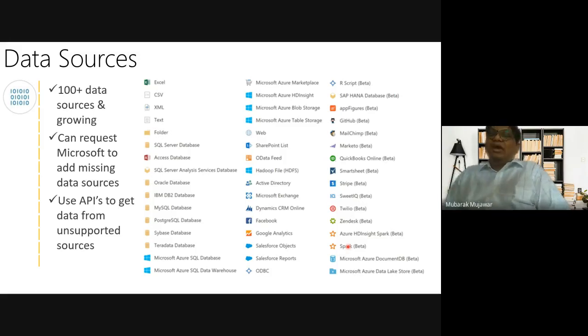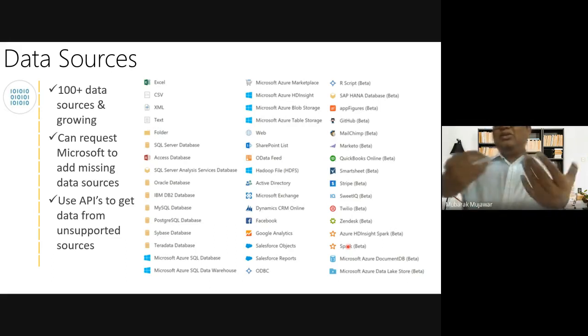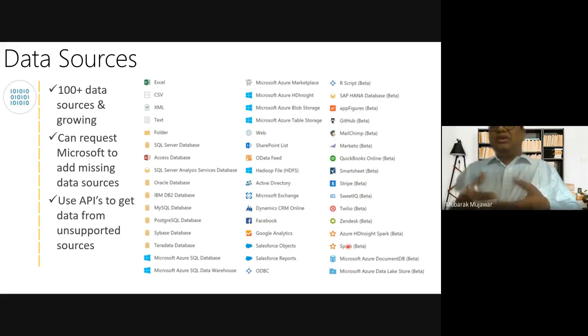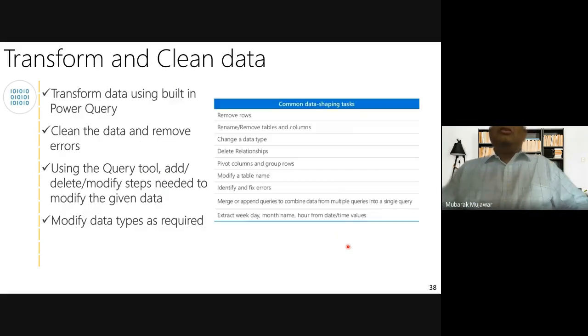But if you don't have any database which you can work with, you can request Microsoft to add missing data sources. You can also use their APIs to get data from unsupported sources. Once you connect to your database and get your data, you can do data transformation and cleaning.